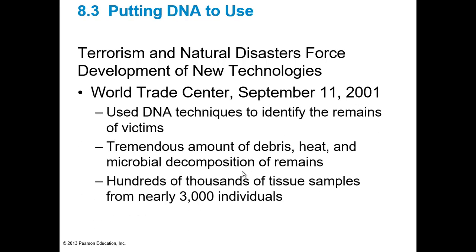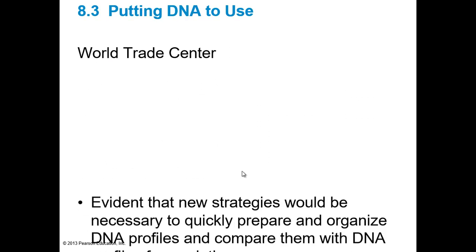So in the World Trade Center and the 9/11 attack, they used DNA techniques to identify the remains of victims. Because of the debris, the heat, and the moisture, microbial growth decomposed the remains, and they had to analyze via DNA a bunch of tissue samples from nearly 3,000 individuals.